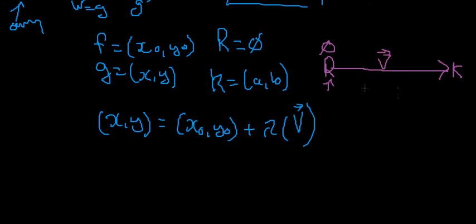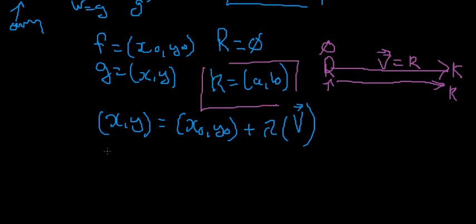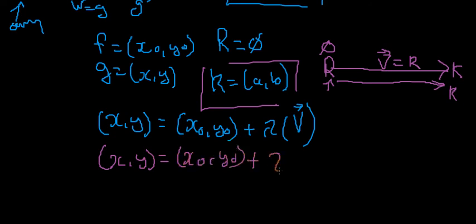So as I walk towards k, how many steps have I taken? Well, I've taken k steps. So this v is equal to k. And what is k equal to? A comma b. So we can redefine this as x comma y equals x naught comma y naught plus scalar multiple a comma b.